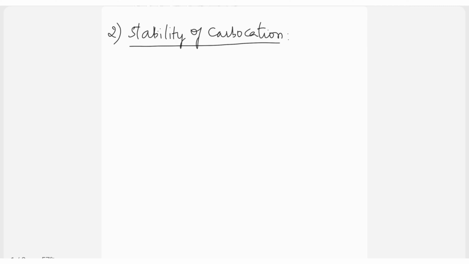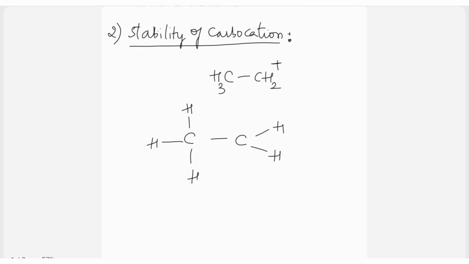Now the second application is the stability of carbocation. So carbocation stability can be explained by hyperconjugation. So what is a carbocation? Let us look at the ethyl carbocation, that is CH3 CH2 plus. Here the methyl carbon has 3 hydrogens, and this carbon has 2 hydrogens.